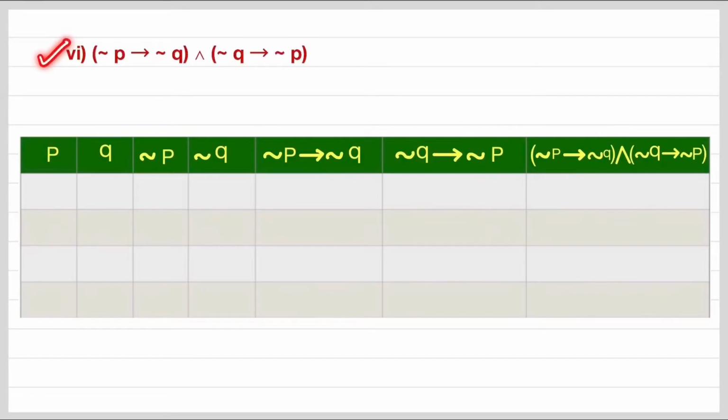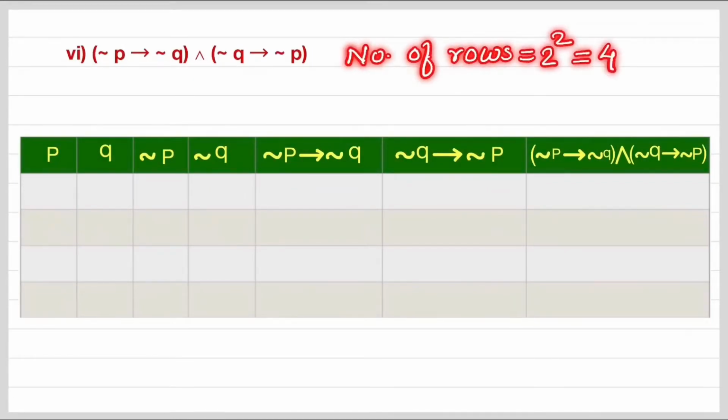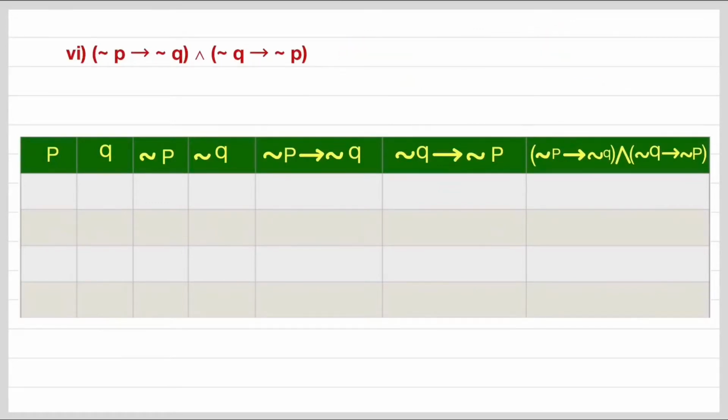Example, negation of P implies negation of Q and negation of Q implies negation of P. Here two statements P and Q. Therefore, number of rows is equal to 2 raised to 2 is equal to 4. These are the 4 rows.